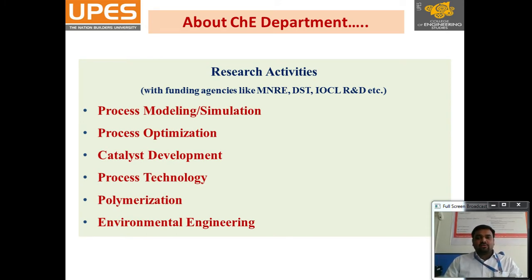Then we have catalysis and catalyst development, process technology, where we are developing some products, polymerization, and environmental engineering. We have faculty who have already worked on all these areas in their PhD theses, and the same areas are now being pursued as part of their research.